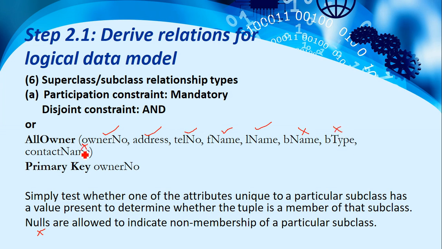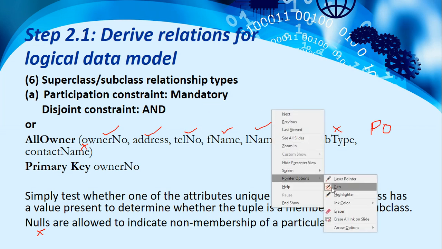So let's say you're going to insert a new owner where lahat ng attributes niya may values except yung B name, B type, and contact name. Ibig sabihin, this one is a private owner. PO, private owner yan.